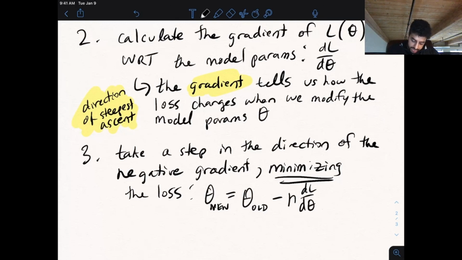And so what is eta here? Eta is a variable that corresponds to something called a learning rate, which controls the step size. So how much of a step we want to make in the direction of the negative gradient. Seems highlighter worthy as well.